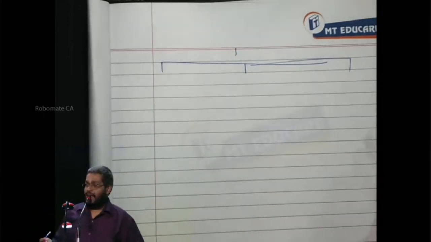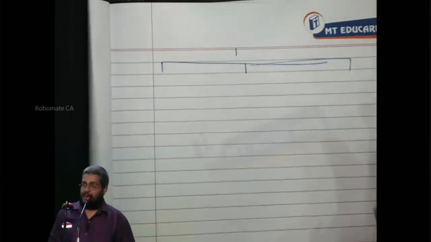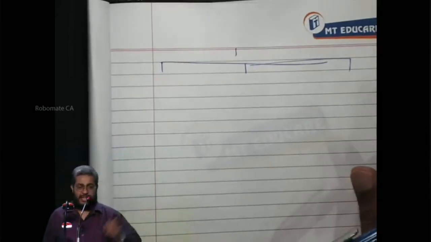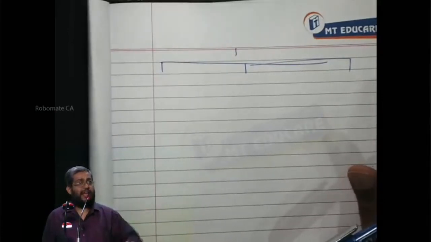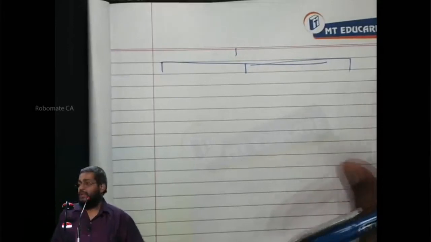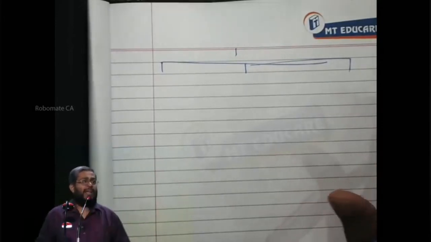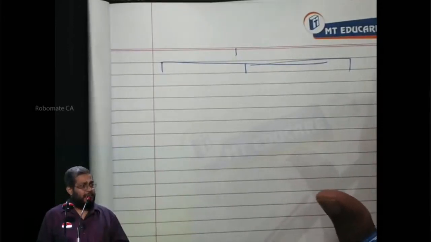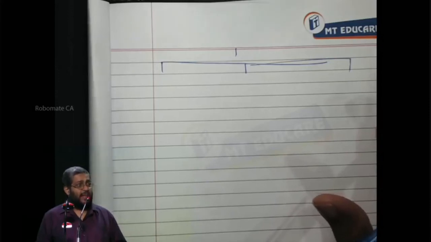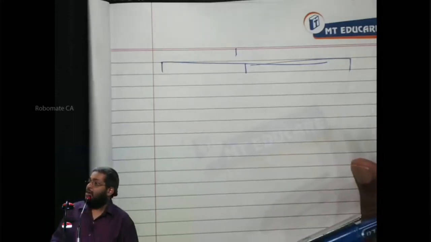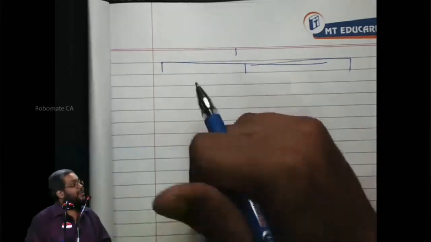Money. Money can be sourced internally, or we can go for external funding also. For external funding, I ask the money from the public. When I ask the money from the public, I can ask through equity shares or through what? Debt instruments. Right or not?